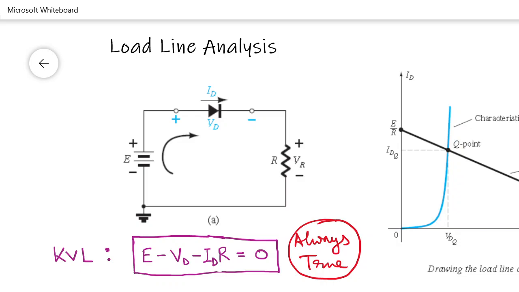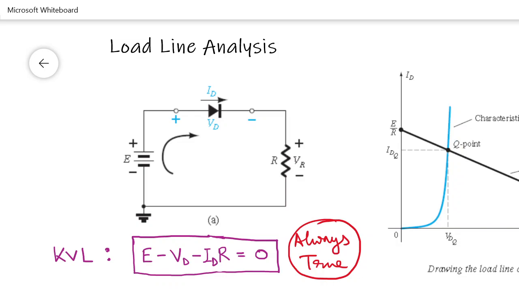So that means in this VD-ID plot, there is a diode characteristic plot as well as a straight line which is governing the entire circuit, and both are true. That means the intersection of these two plots would give you the operating current and voltage in this circuit. You get the point?